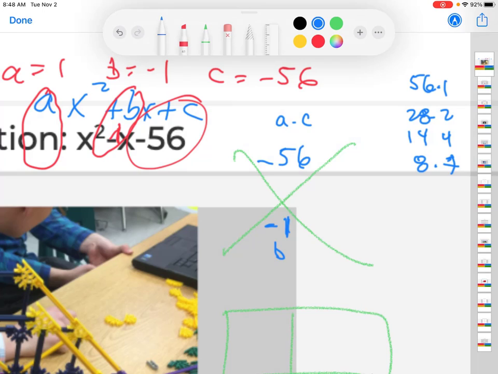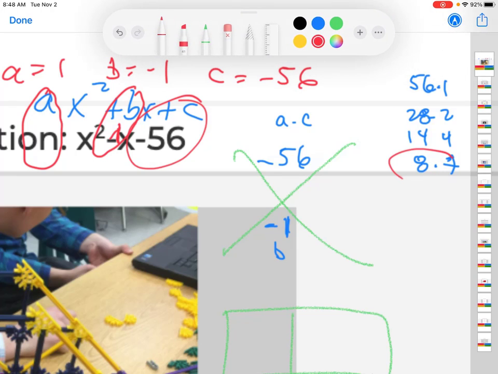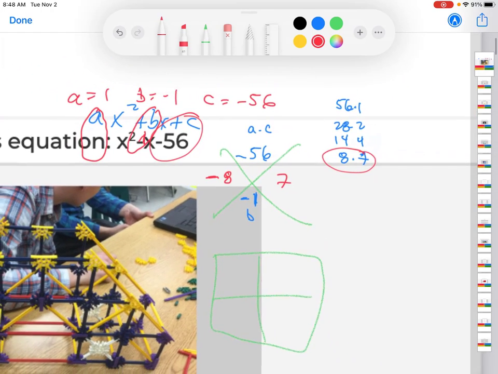I like to put the larger number on the left side, and then we're just going to find that number. So which one do you think it's going to be from that list? 8 and 7. But one of those has to be negative because we multiply, and you add it to be negative 1, so it's going to be negative 8. Negative 8 times 7 is negative 56. Negative 8 plus 7 is negative 1.